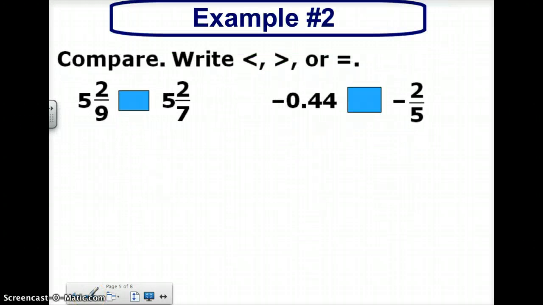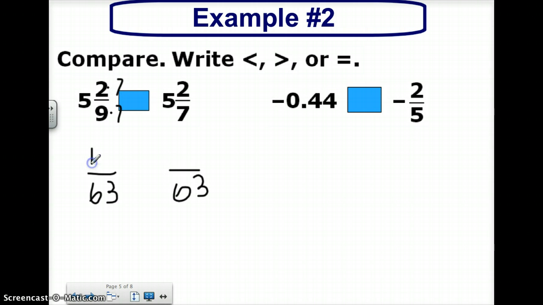Here we have mixed numbers. With your mixed numbers, you are going to keep your whole number the same. Common denominator for 9 and 7, just multiply those two numbers together. 9 times 7 is 63. Since I multiplied 9 times 7, I must multiply 2 times 7. 2 times 7 is 14.